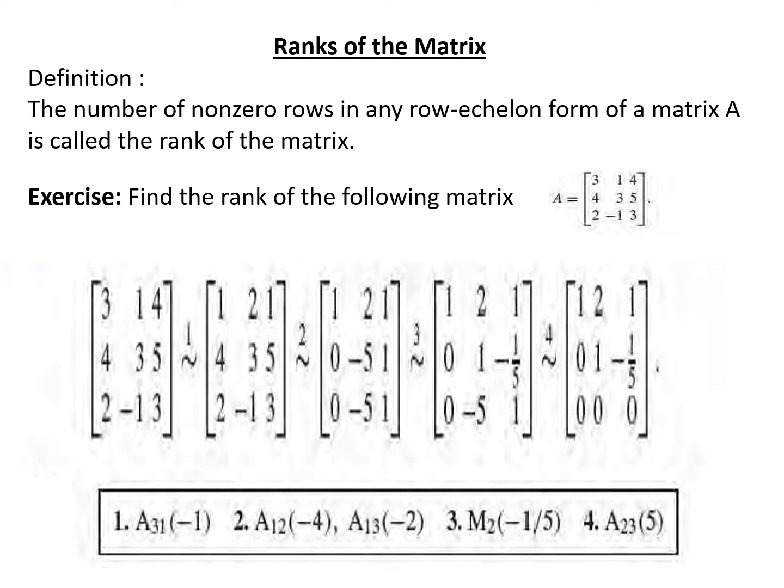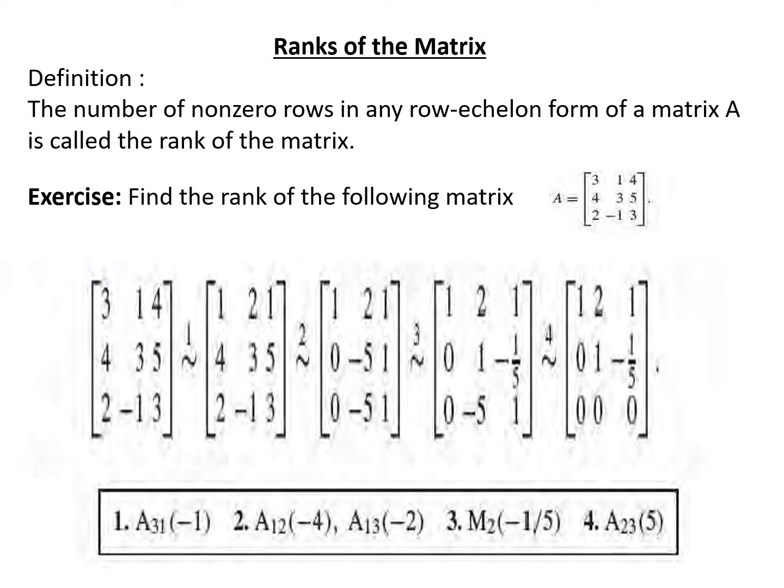If we multiply row number 2 by 5, the answer is 0 5 minus 1, and adding it to the third row, the answer is 0 0 0. So you see our echelon form, the reduced echelon form, is 1 2 1, 0 1 minus 1 upon 5, 0 0 0.